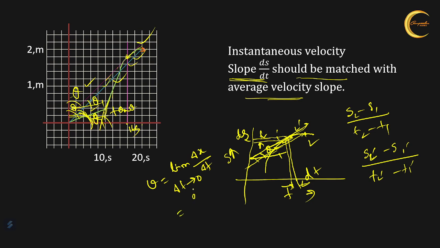So we can say this is dx by dt, or we can say here this is ds by dt. This is nothing but a slope. Okay, so thank you. I think everyone can understand this instantaneous velocity.